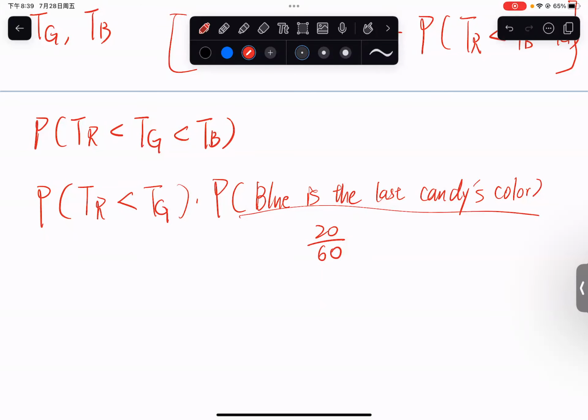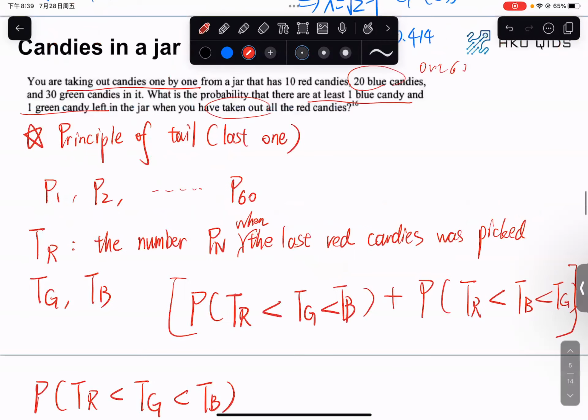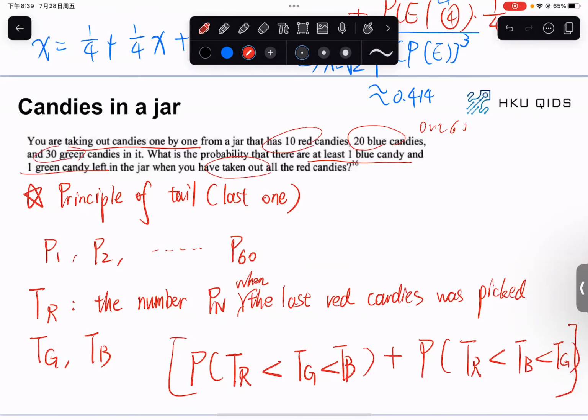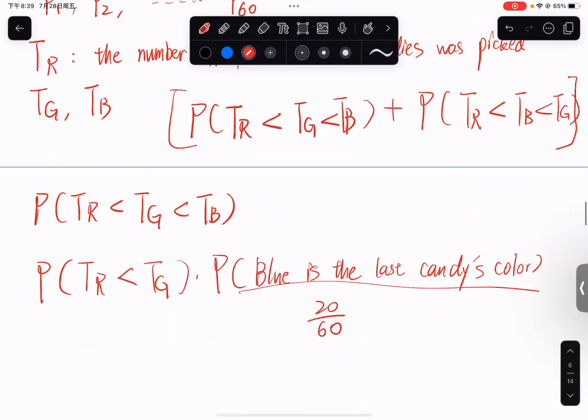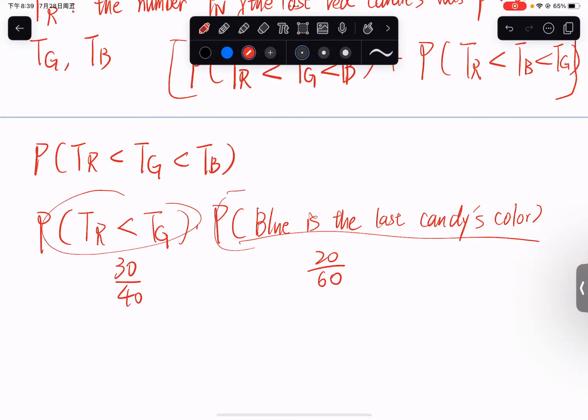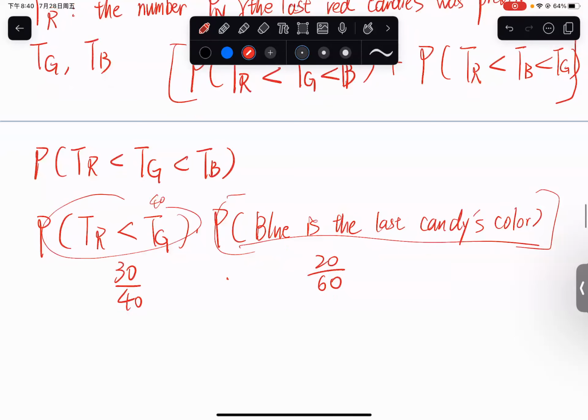Since there are 10 red candies and 30 green candies, out of the 40 candies there are 30 green. Because we have considered the blue cases, any other blue candies except the last one we do not think about. So we only need to think about the green and the red candies beforehand, and within them we want the last one to be green. Out of the 40 candies of red and green, there are 30 green candies. So we just need to multiply these two together. Then how about the other probability, this part?